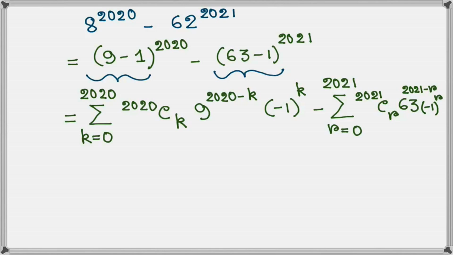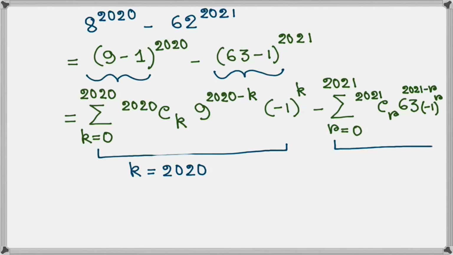As we can clearly see, in the first sum, each term of the sum is divisible by 9 except the term corresponding to k is equal to 2020, and in the second sum each term is divisible by 9 except the term corresponding to r is equal to 2021.